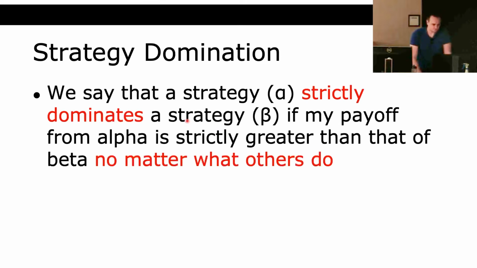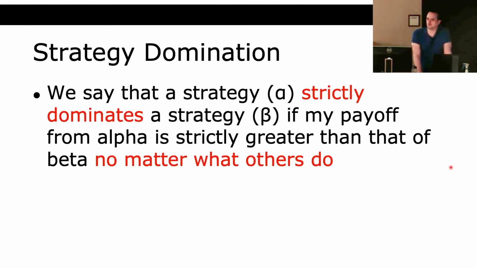So we say that a strategy, alpha, strictly dominates a strategy, beta, if my payoff from alpha is strictly greater than that of beta, no matter what others do. Okay? And this strict domination means strictly greater. So it's always better to do this thing. There is no ambiguity. No matter what they choose, this is always the best choice.